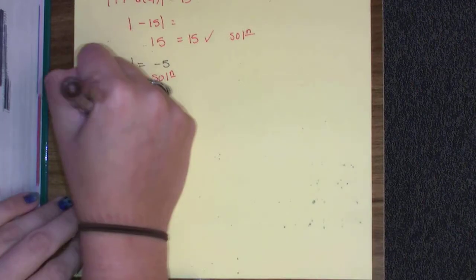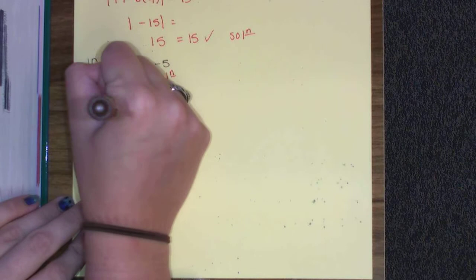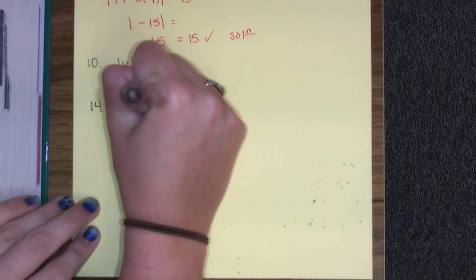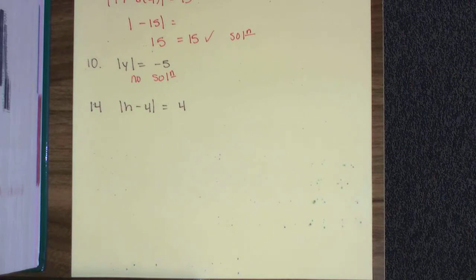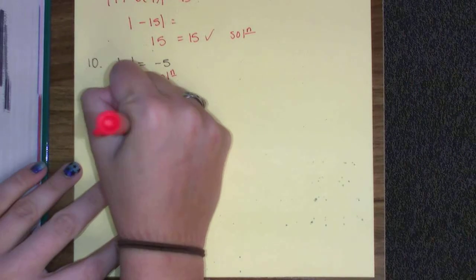14. The absolute value of h minus 4 is equal to 4. So I need to solve this. So how would I set that up? How many equations do I set up for absolute value? So let's set those up first.